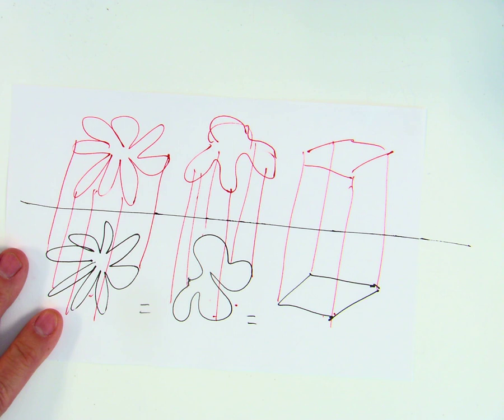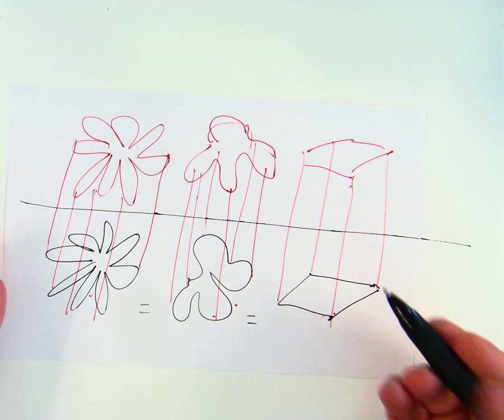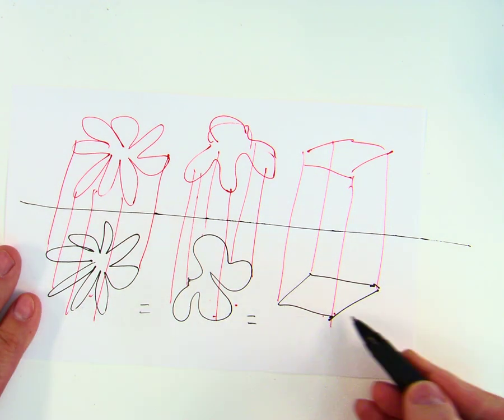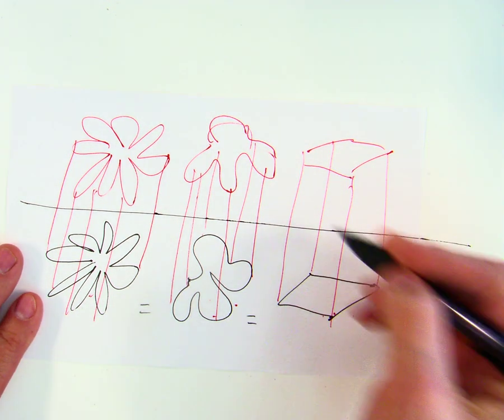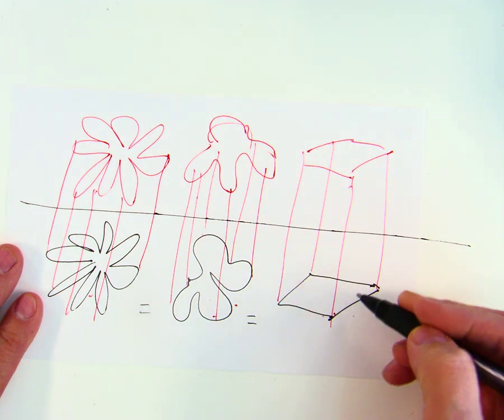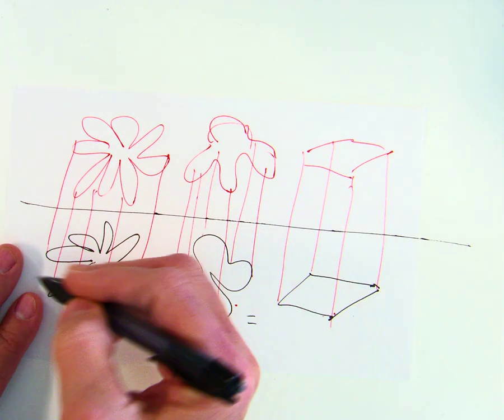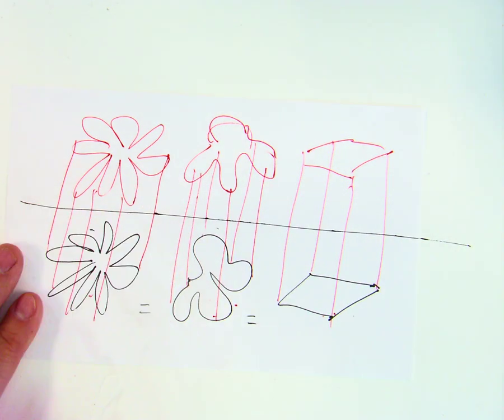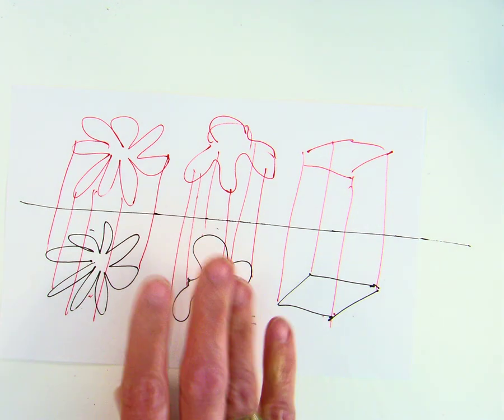The area will be the same, and since the area of the base is the same and they're piled high the same distance between the upper and lower base, the volume of these three figures is always the same.